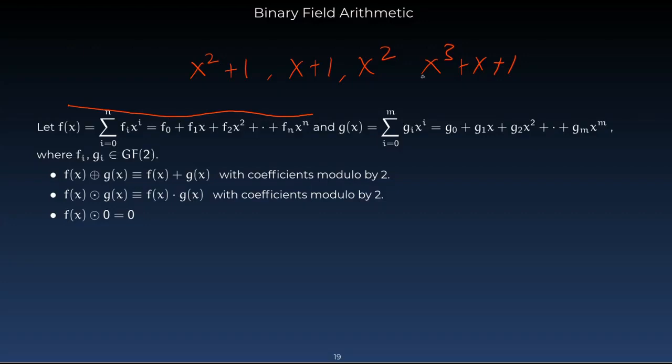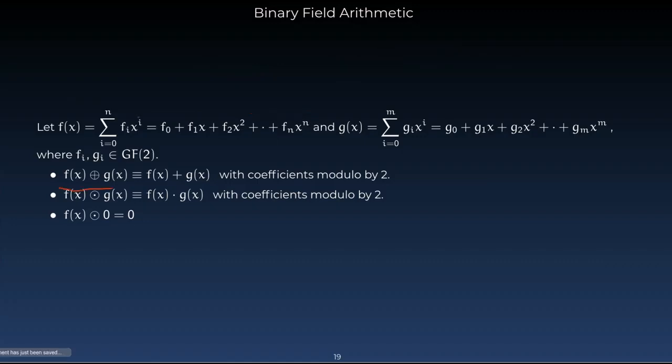Their addition is defined in this way: when we add two polynomials, we are basically adding them together with their coefficients modulo 2. So if we have x plus 1 and we are adding this to x square plus x plus 1, our result is going to be x square plus (1 plus 1) x plus (1 plus 1).